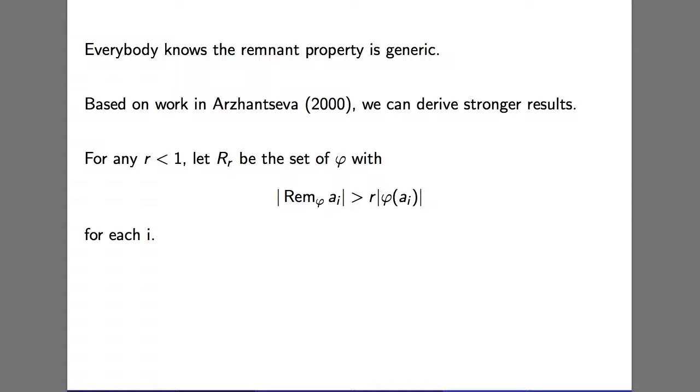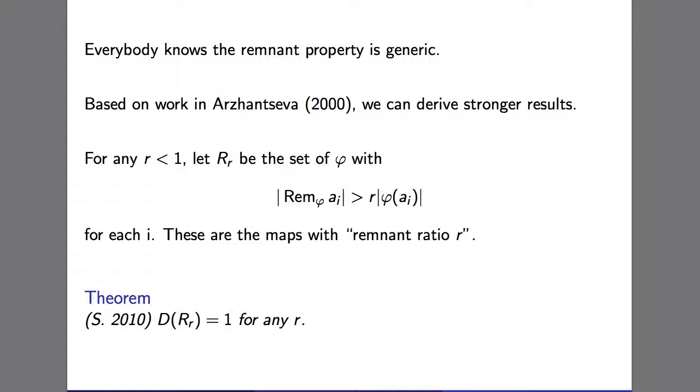For any r less than 1, so think of this as a number which is very slightly less than 1, close to 1 but less, I'm going to call R sub r the set of homomorphisms where the size of the remnant, these bars mean the word length, the length of the remnant is more than r times the length of the whole word. So you could think of r as being like 99%, which means the remnant occupies more than 99% of the whole word. All right? I call these the maps with remnant ratio r, and it's not so hard to prove, certainly if you use this fancy group theory stuff.